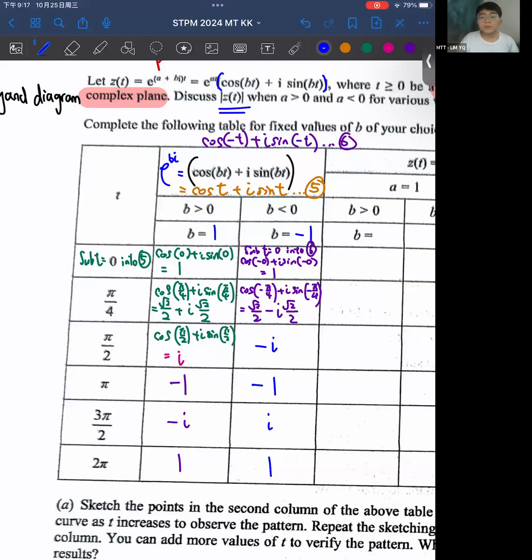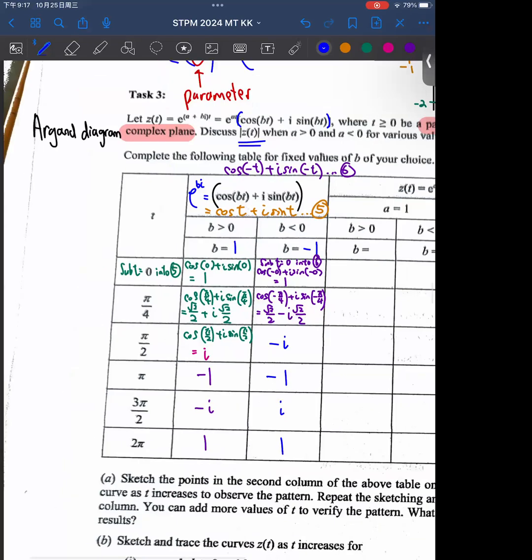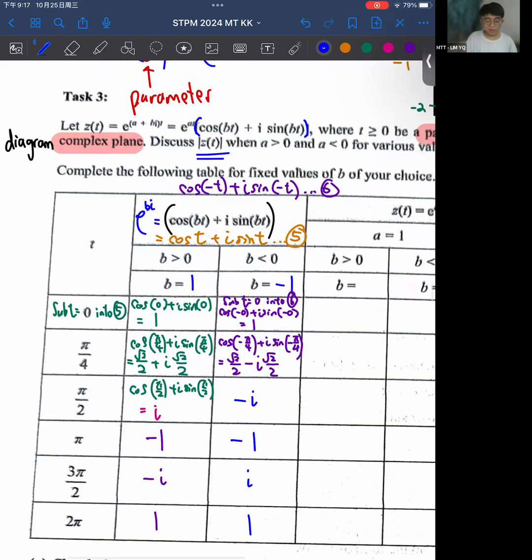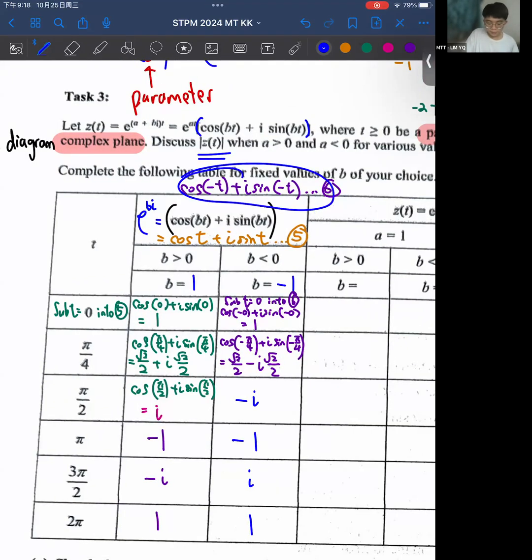Okay, wait, let me unpin this one. Inside bracket? What do you mean inside bracket? Just now you pressed the calculator, right? Y inside is negative x. Oh, that one is equation 6, not equation 5, because it is cos negative t, this one. Can you see?